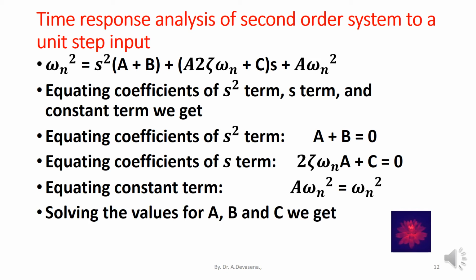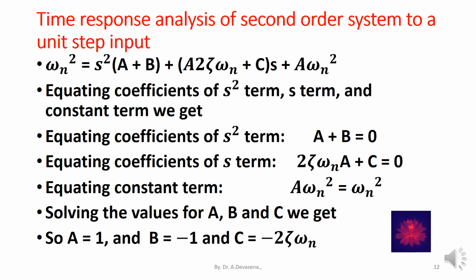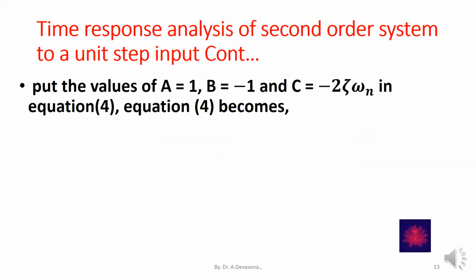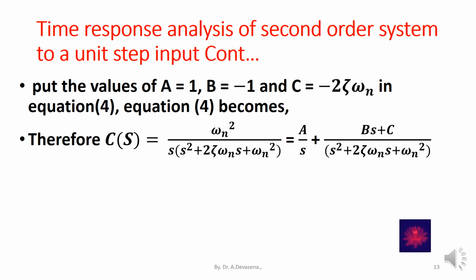Solving for A, B and C, we get A is equal to 1, B is equal to minus 1, and C is equal to minus 2ζωn. Putting these values in equation 4, C(s) is equal to ωn² divided by s(s² + 2ζωn s + ωn²), which is equal to A/s plus (Bs + C) divided by (s² + 2ζωn s + ωn²).